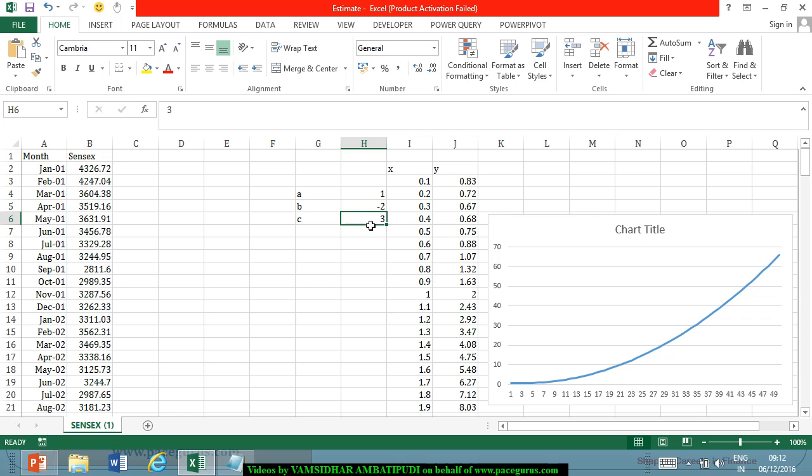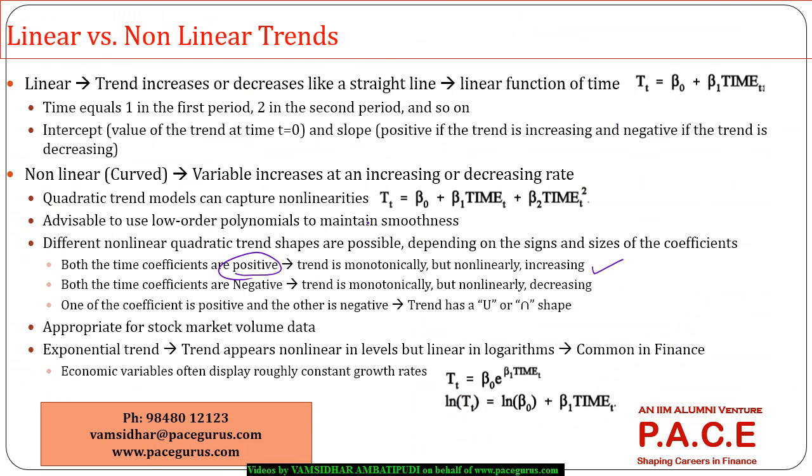You'll see the complete U or an inverted U depending on what values of x I am considering. So those are the different kinds of shapes that are possible with a nonlinear quadratic trend, depending on the coefficients associated with time as well as the time squared.